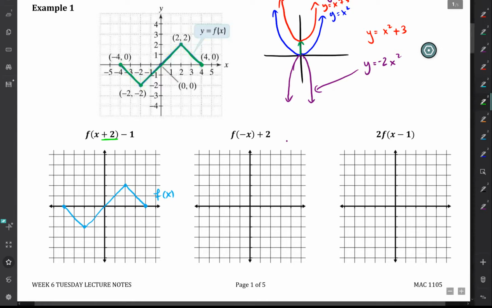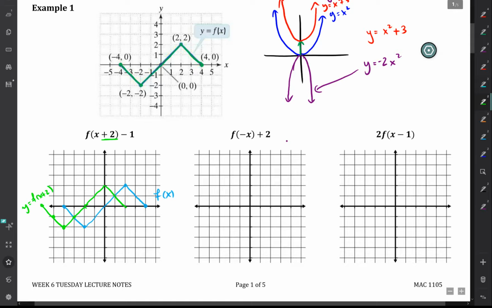So we're going to shift every point here to the left 2. So now I'm going to have a graph that looks something like this. You can see all I've done is shift every point 2 units to the left. So this light green graph that I've just drawn is y equals f of x plus 2.